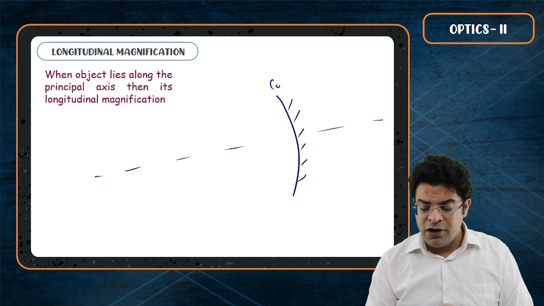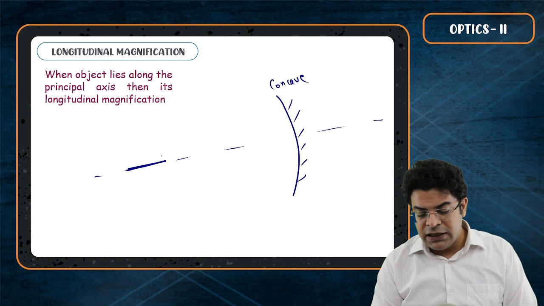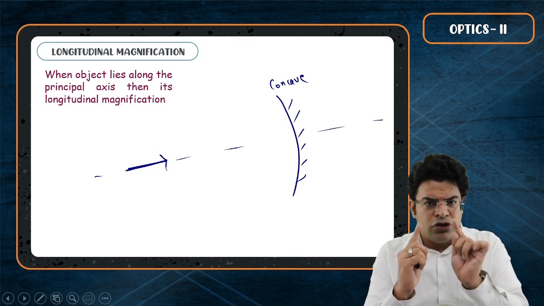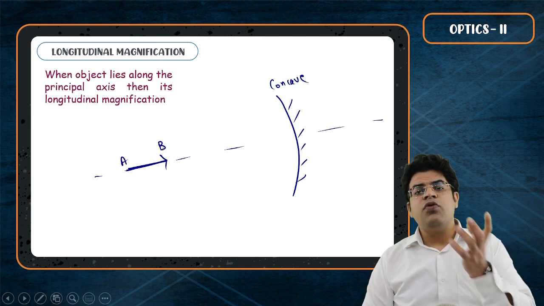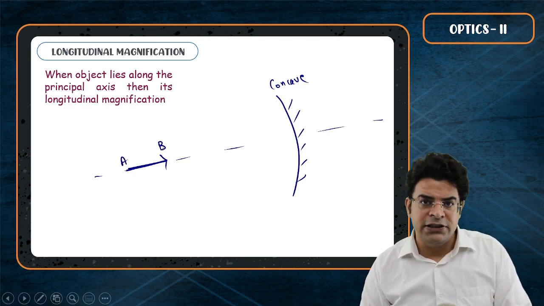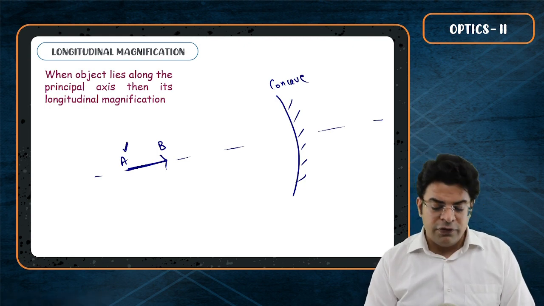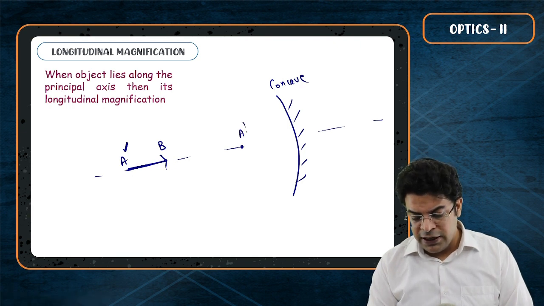Let's say we have a concave mirror and we have placed an object along the principal axis. Let's say the two extremes of this object are called A and B. Now how to find the magnification for this case? So beta, you will have to find the image of A. Let's say the image of A is found somewhere here, call it A dash.